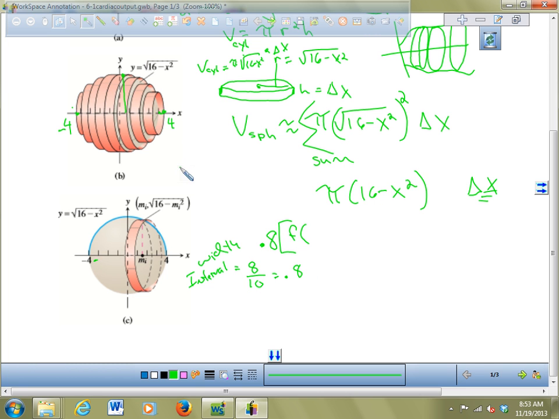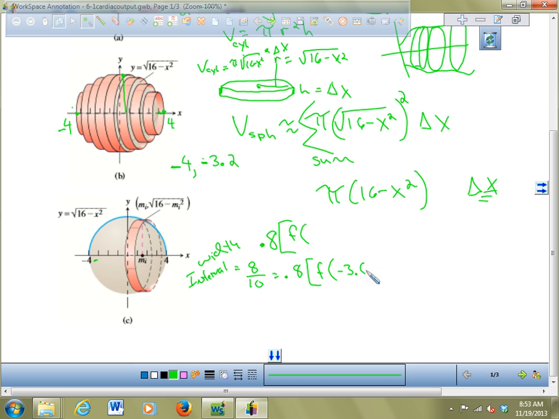If I start at -4, my next point is going to be 0.8 away from there. It's going to be -3.2. Where is the midpoint between those two things?